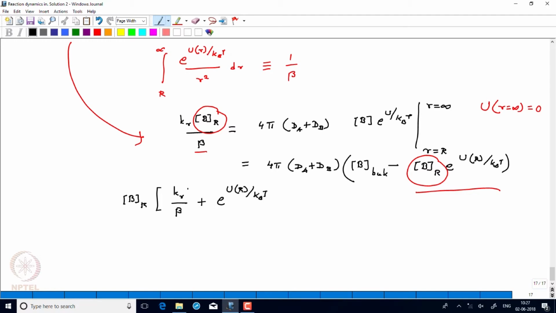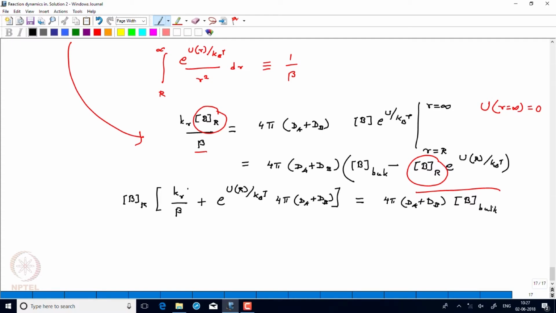So this is not a variable, this is basically a constant, u at r, multiplied by 4 pi (dA plus dB), that is always there, and that is equal to 4 pi (dA plus dB) times the B bulk.